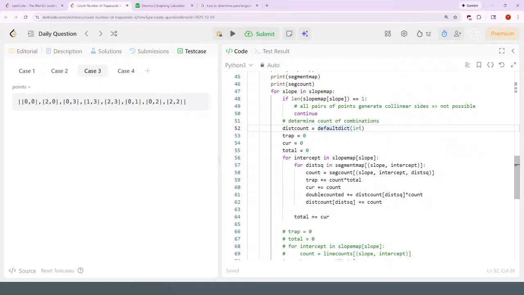And so I need to keep track of all the distances seen, all the trapezoids that are formed, the current number of line segments for this line, and the current total of all previous line segments for the slope.